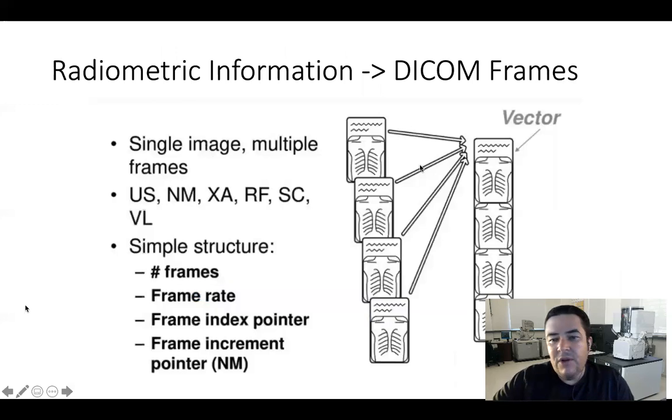Let's see. So how do I put that radiometric information into a DICOM file? Well, what I do is I put this temperature matrix as another frame in the DICOM format.